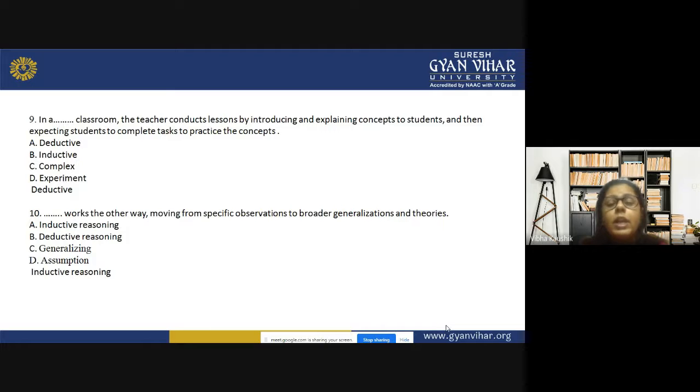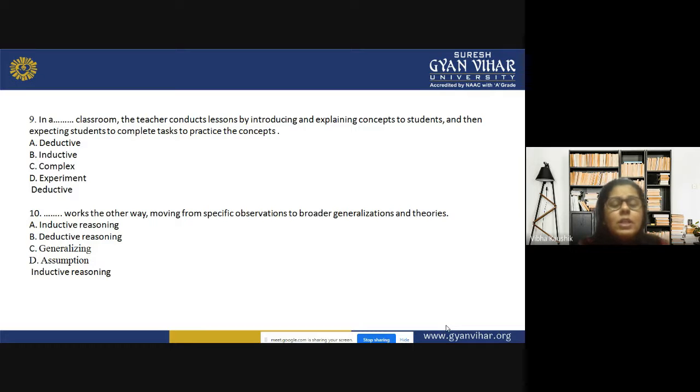Now the options are: A. Inductive reasoning, an approach that will be used by the teacher. B. Deductive reasoning, where the deductive reasoning will be used by the teacher. C. Generalizing, where we are going to generalize a particular concept.